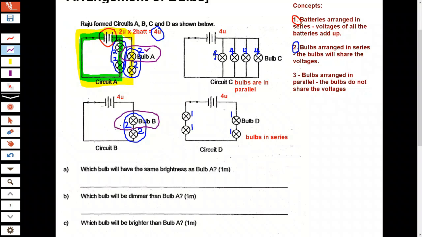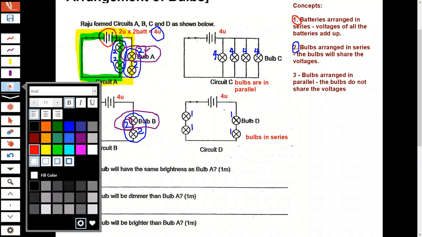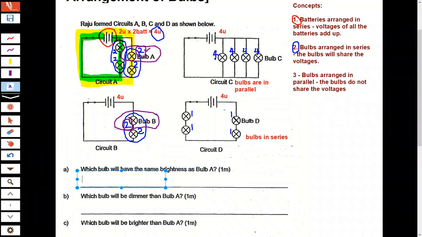Bulb B is also receiving 2 units. Okay, see here. Bulb A also receives 2 units. So hence they will have equal brightness. So the answer for question A will be bulb B.